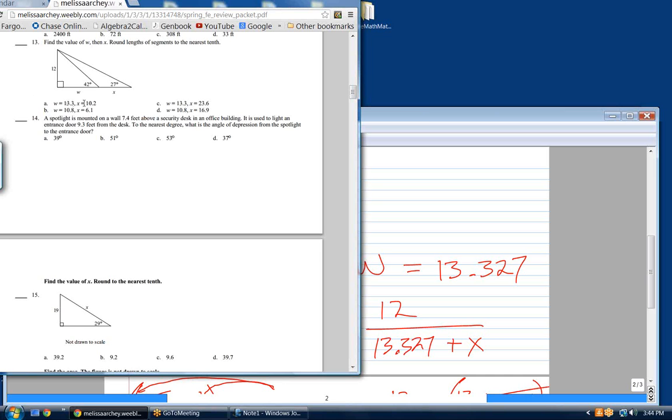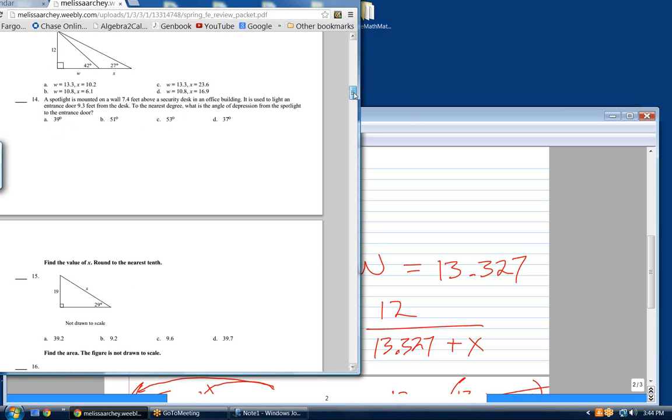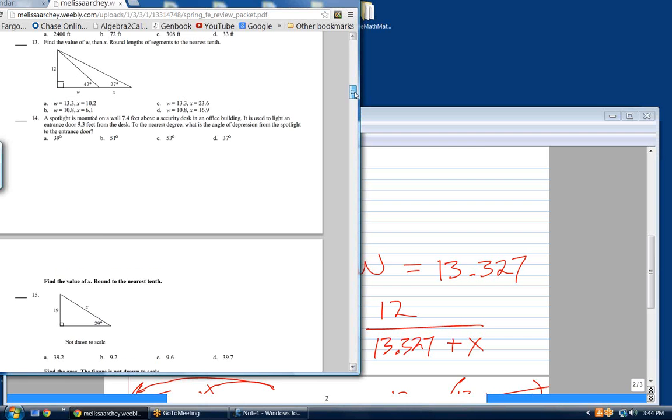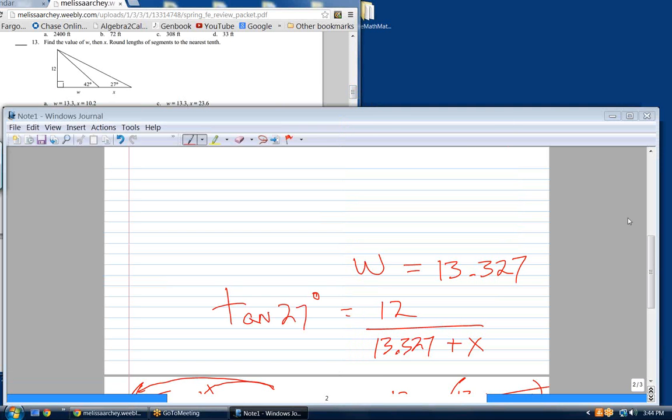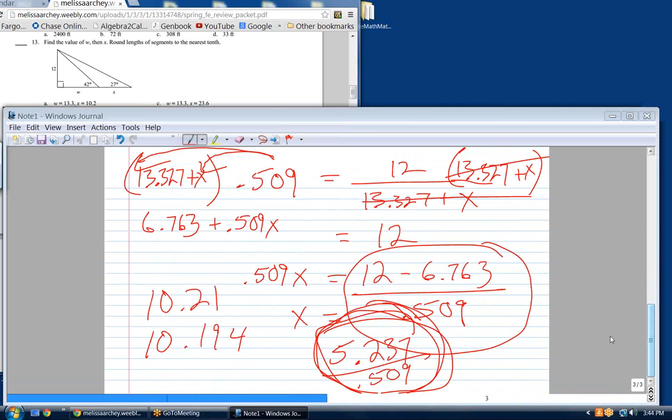I don't know. I don't have the new software on mine, so it won't let me scroll up. I did 12 divided by 0.509 and got 23. No. It's not 12 divided by that. It's 12 minus 6.763, divided by that. Notice what I have circled here, this one here.